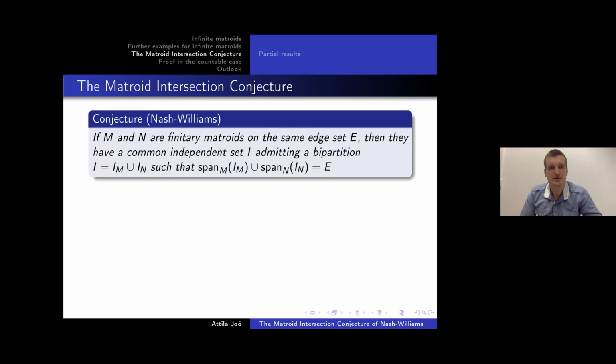So it says that if we have two matroids on the same ground set, then we are able to find a common independent set that admits a bipartition, such that if we take the union of the closures of these two parts in the corresponding matroids, then it gives the whole edge set.